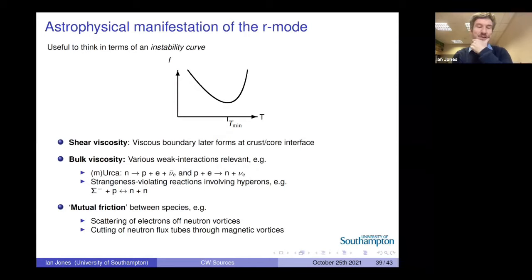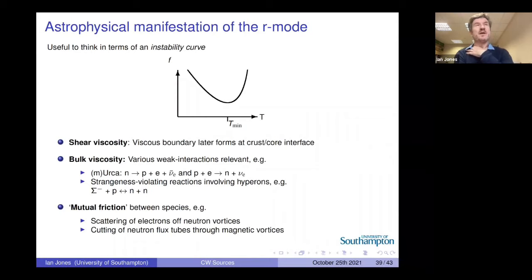But the bulk viscosity is most efficient, it damps most rapidly, if the time scale of the relevant microphysical reaction is close to the time scale of the oscillation. Because you get, I think resonance might be too strong a word, but this is just a standard feature of bulk viscosity when you've got reactions going on, that the bulk viscosity is strongest when your reaction time scale is close to the fluid oscillation time scale.